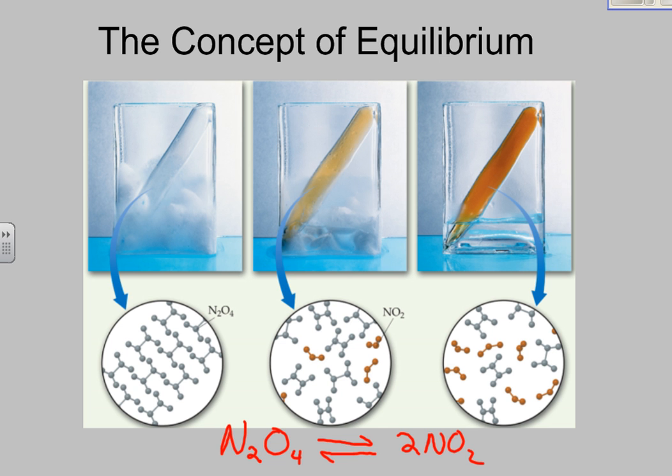And so what's showing you is that the amount of product or reactant depends on several factors, one of which is the temperature. So in this case, in a colder environment, you're going to favor the formation of the N2O4 and have less of the NO2. At a higher temperature, it would favor more of the NO2, and so you'd have the equilibrium shift over to that part there. We'll get to that part of equilibrium toward the end of the chapter.